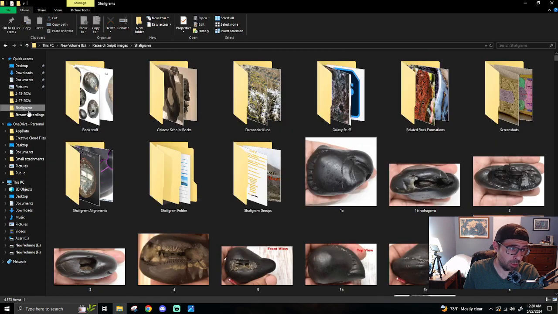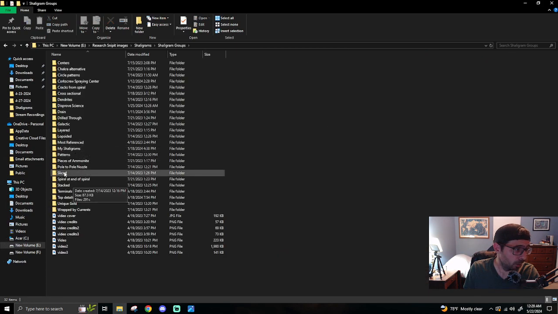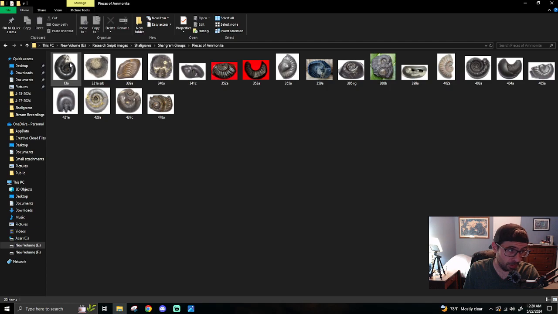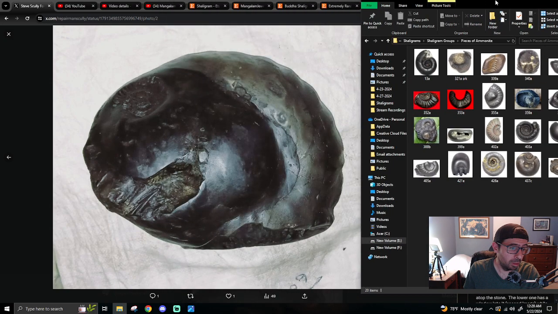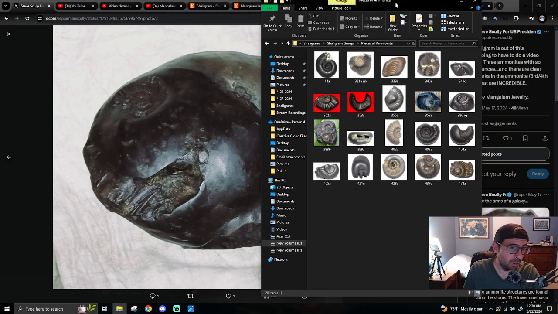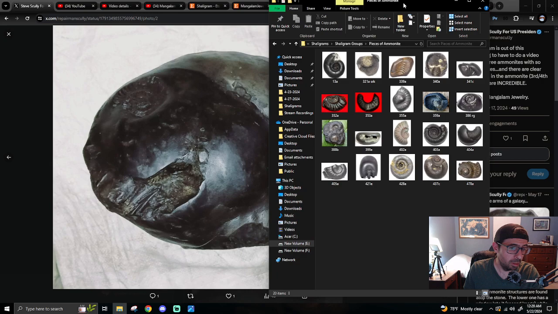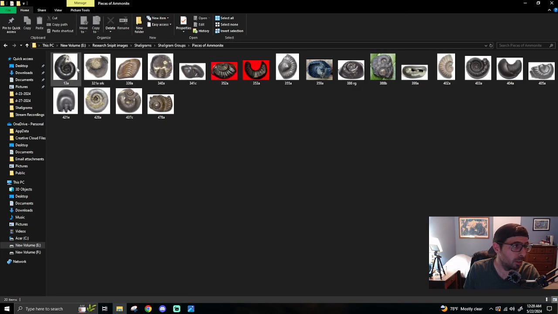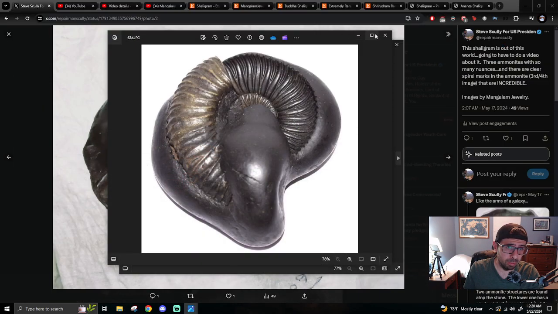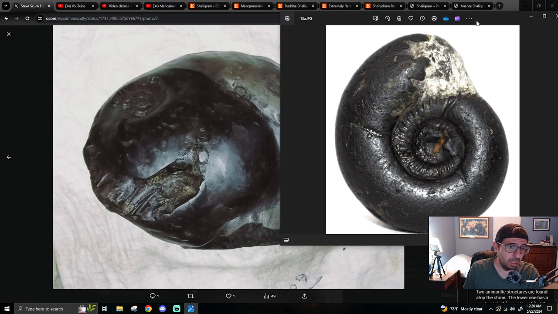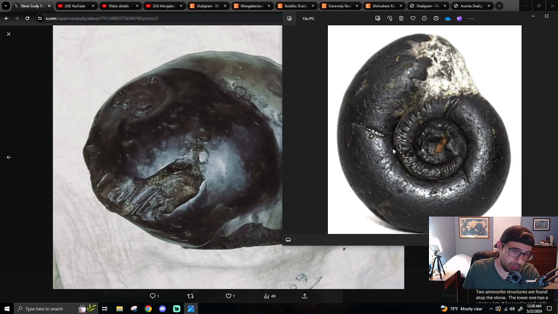We can also go here. Pieces of ammonites. Let's just flip through these and see if anything's like the way this one is.